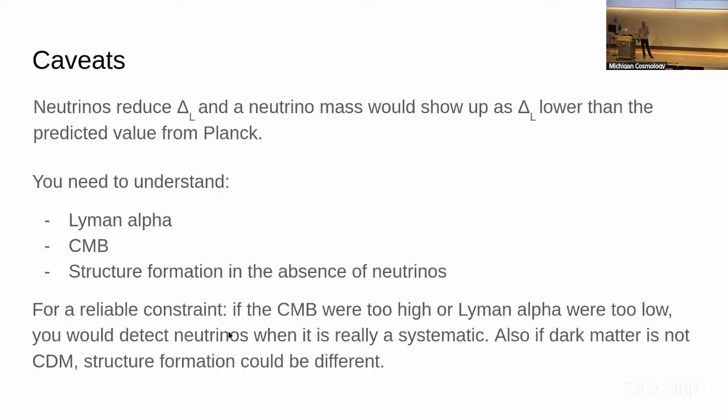If dark matter is not CDM and structure formation proceeds in a weird way, then again we have to rethink ourselves. So this is a measurement that can be done, but you have to be quite careful.